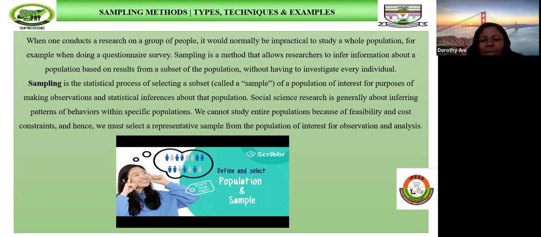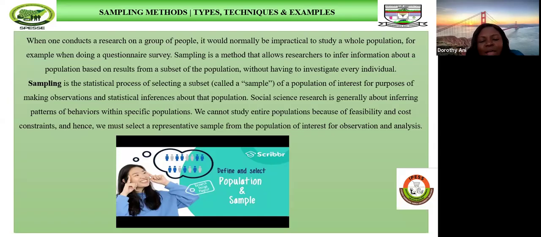So you cannot study the entire population, because of the feasibility, the cost implication, the resources, and the time. Before you even finish going around to see all the IDP camps one by one, it will take 3 years, if not more. But this is a work that may be required to be finished in maybe 1 year or so.